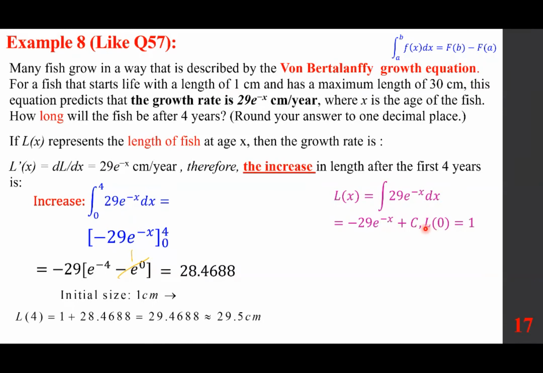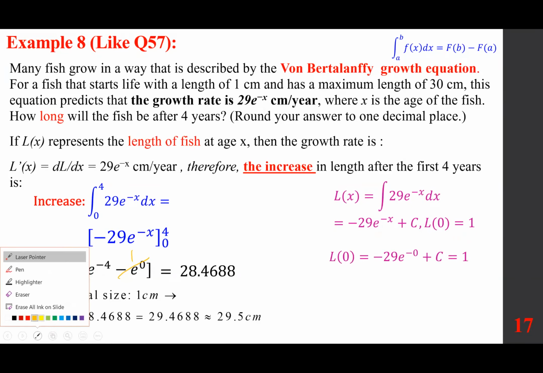So if I replace this with 0, I get 1. So minus 29 plus C must be 1, and it becomes 30. So again, I quickly show you.